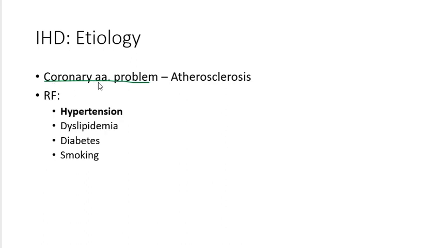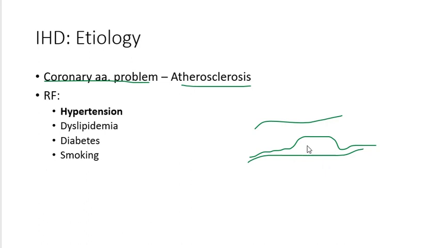So when you have a coronary artery problem, how does this happen? It happens through atherosclerosis. You have the coronaries, like this is a coronary artery leading up to the heart, and you have this fatty streak build up, and you have the atherosclerotic plaque right there, the fibrous cap that eventually ruptures and thrombosis happens, and you block the coronary.